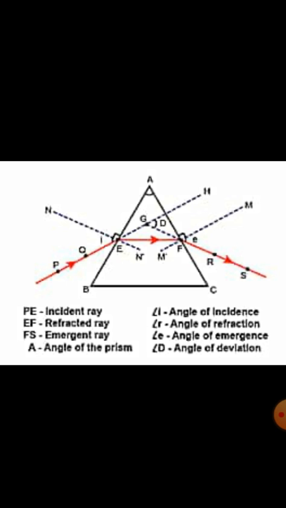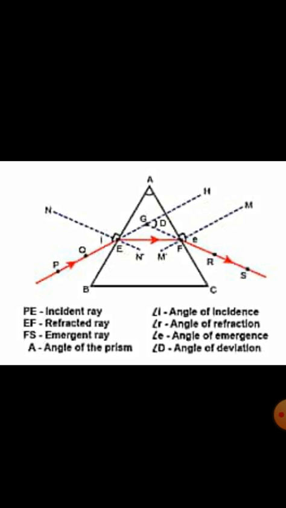Now take two pins and place them upright on the incident ray, that is, perpendicular to the surface of the paper. Place the prism back along its outline and try to view the pins placed on the incident ray from the other refracting surface AC of the prism.